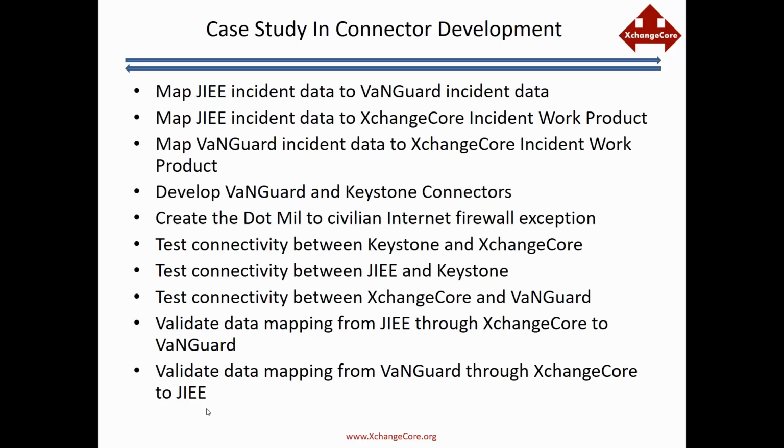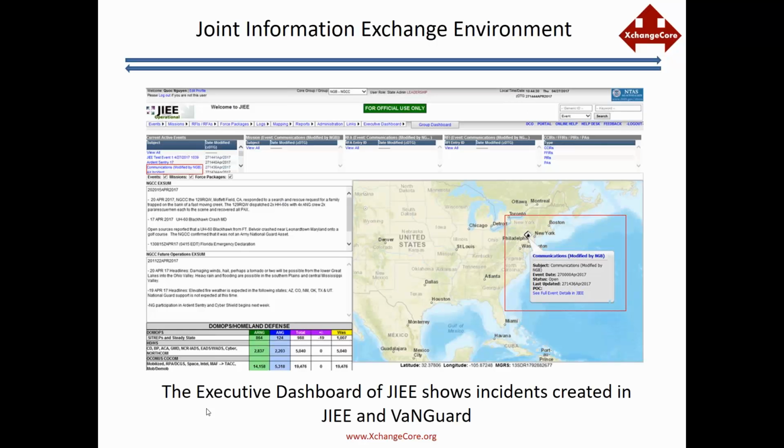So those are the fundamental steps in doing a pretty complex pair of adapters. Now we'll take a look at some of them. Here is the executive dashboard of JIEE, and it has particular events that are there. You can see they're using the map. They've got the listing up in the upper left-hand corner, and it's showing incidents were created in JIEE and VaNGuard.